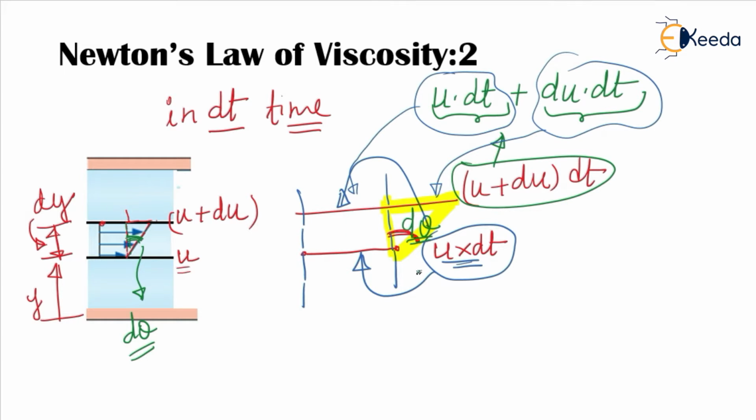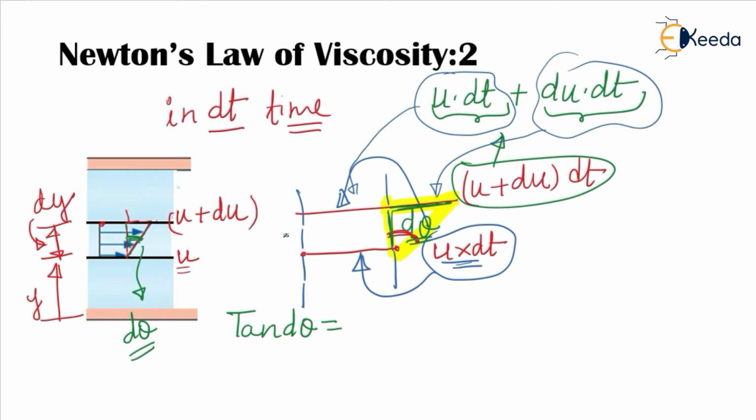Remember, so how can this d theta value be written? That is the important part for us now. tan d theta equals height, this difference, upon base.